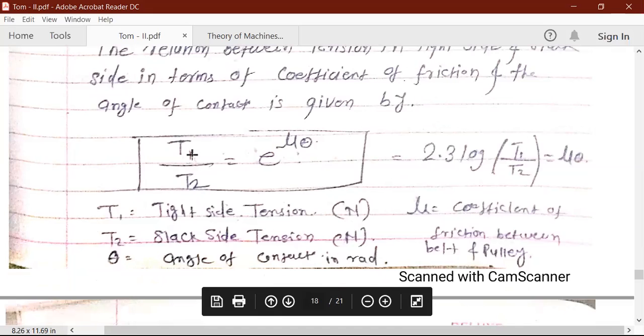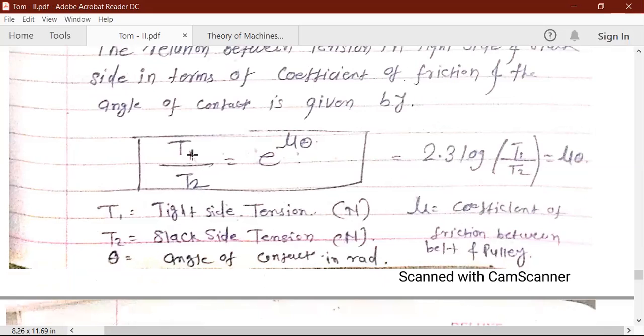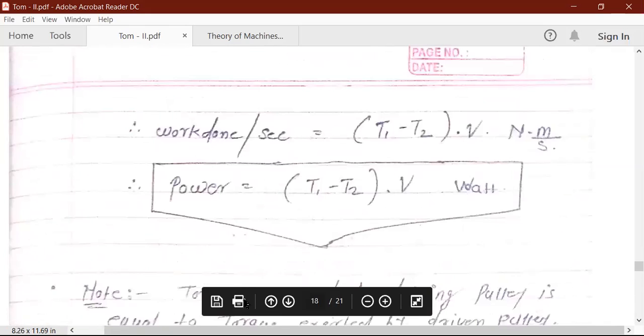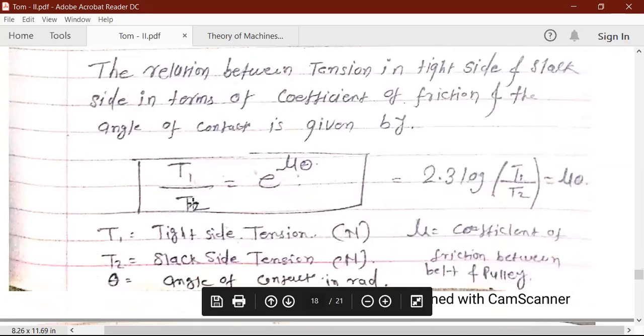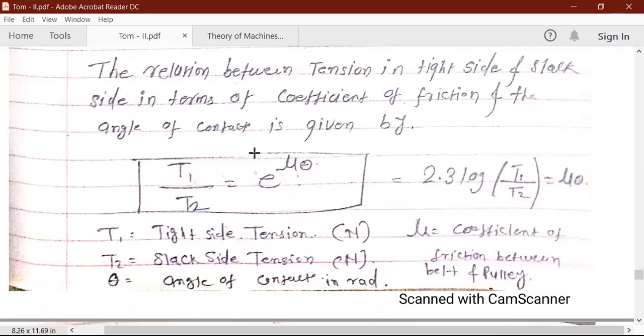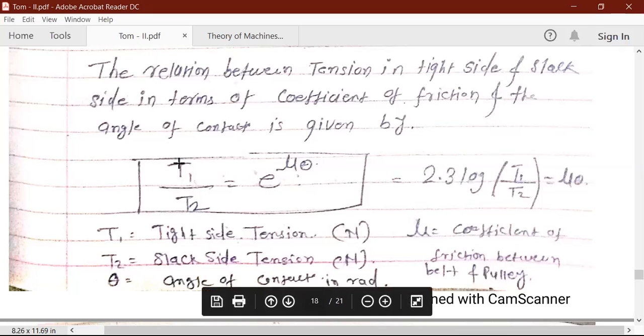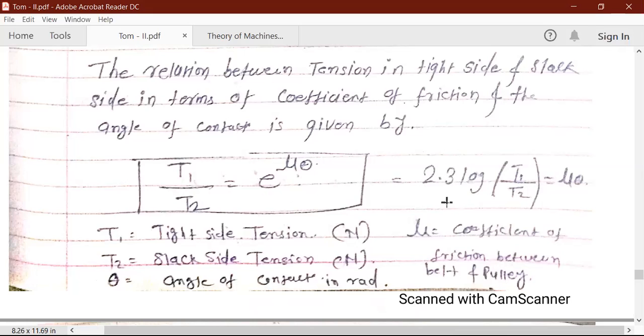Okay, so you have two equations in terms of T1 and T2. One in case of power, that is power is equal to T1 minus T2 into V, and the second one is the tension ratio, that is T1 upon T2 is equal to e raised to mu theta. This equation can be rewritten: if you want to remove the e, then 2.3 log is multiplied to T1 upon T2, and you will get simply 2.3 log T1 upon T2 is equal to mu theta on the right side.